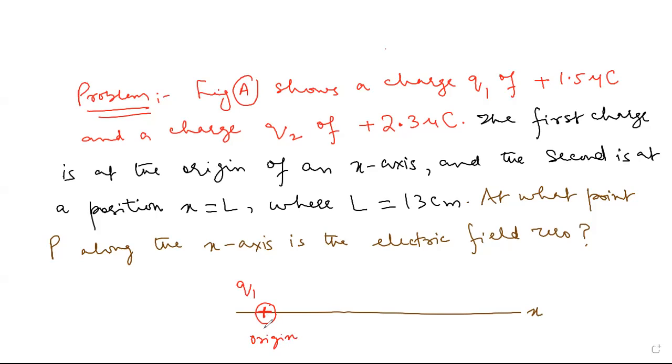Right? Then the second charge, which is also positive charge, Q2, is placed at x is equal to L. That means this distance is L. This is my figure A.